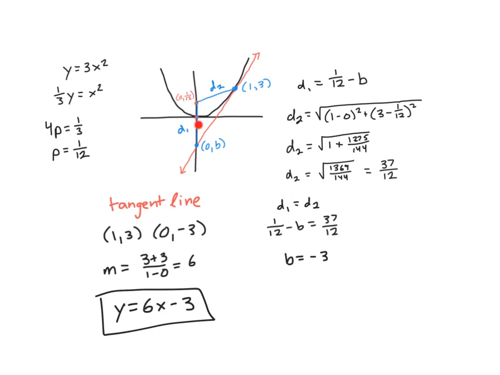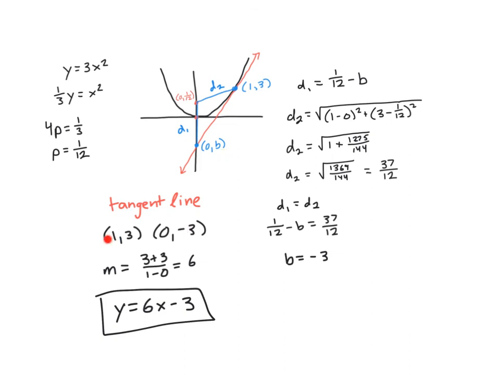The distance between the focus and this point of intersection, we can call 1/12 minus b. The distance between the focus and the point of tangency is actually going to be 37/12. We just use the distance formula there. When you set d1 equal to d2, you can solve for b, and it actually becomes -3. So that means that this point is (0, -3).